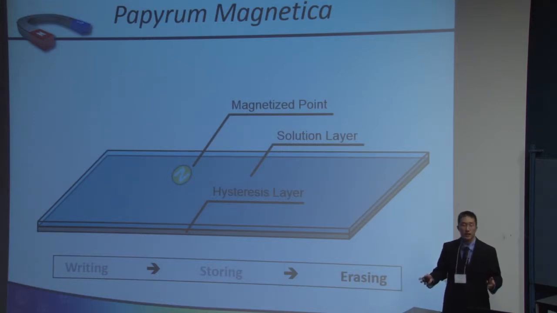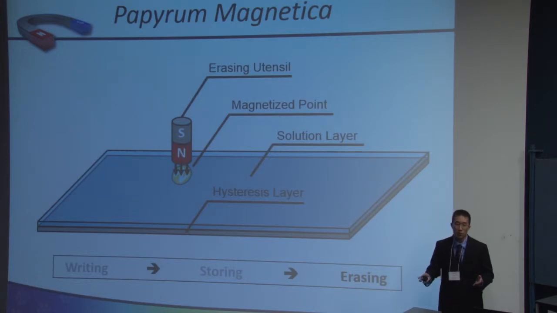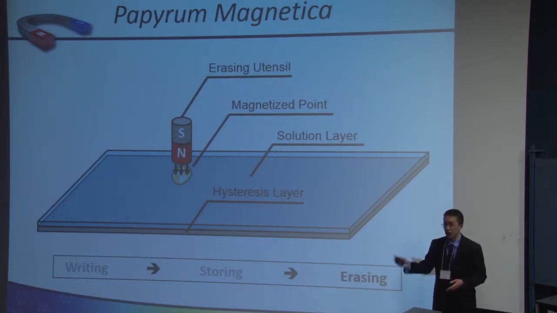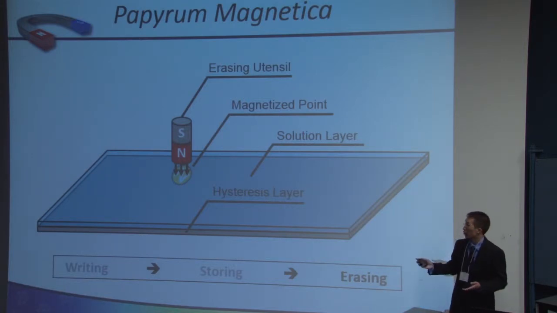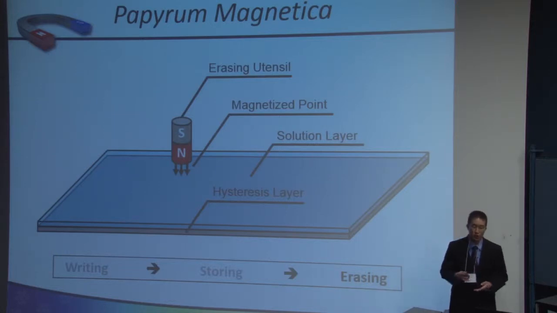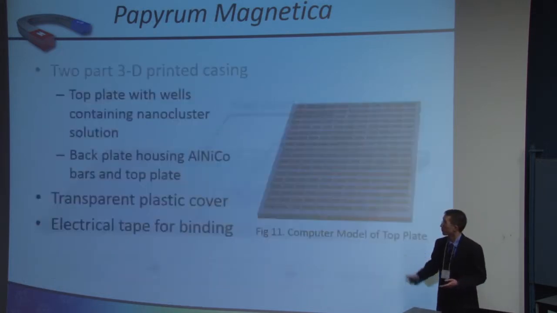All that's required is another magnet that has a weaker strength and the opposite polarization. Upon applying that, it flips some domains within the hysteresis layer so that the net magnetic field is much weaker. As a result, we no longer have photonic crystals in the solution layer that are capable of reflecting within the visible spectrum, and the solution returns to its original color.